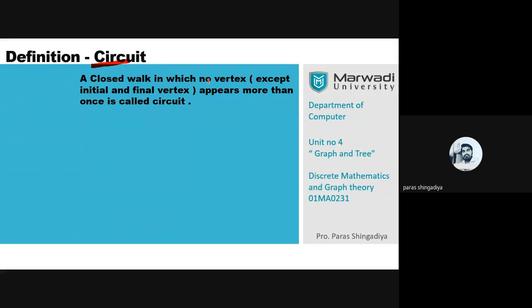But now we are considering a closed walk. Closed walk means starting and ending are the same, so definitely these two vertices will repeat. That is one condition here, except the initial and final vertex.